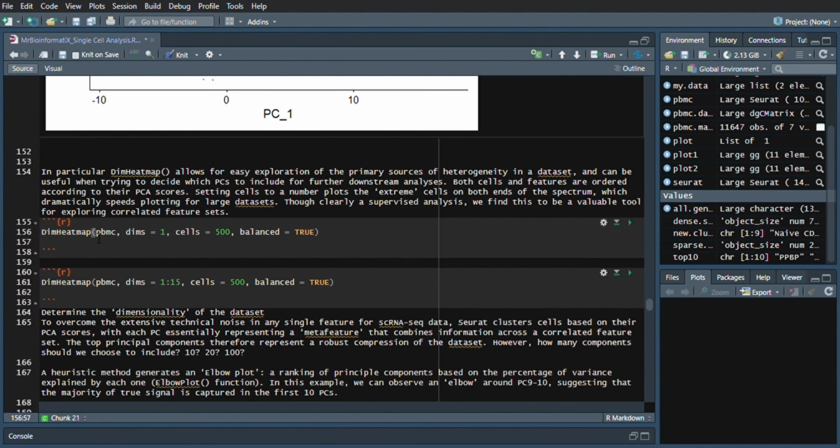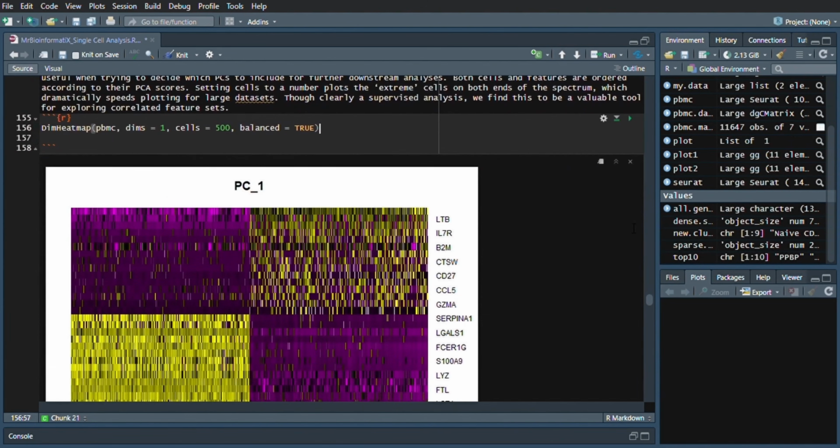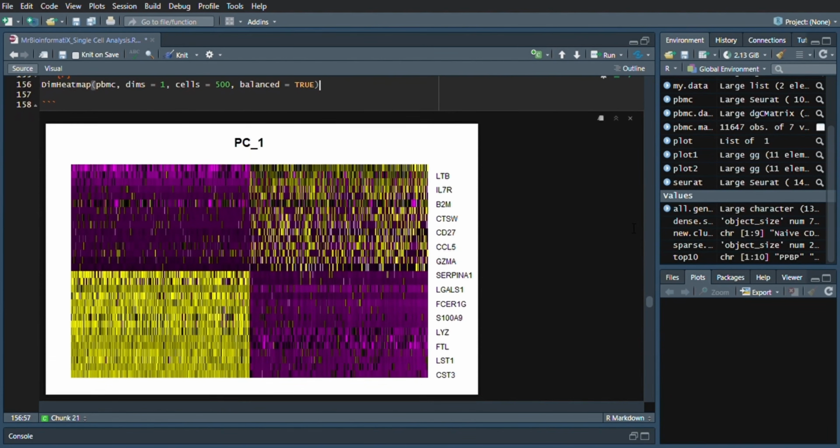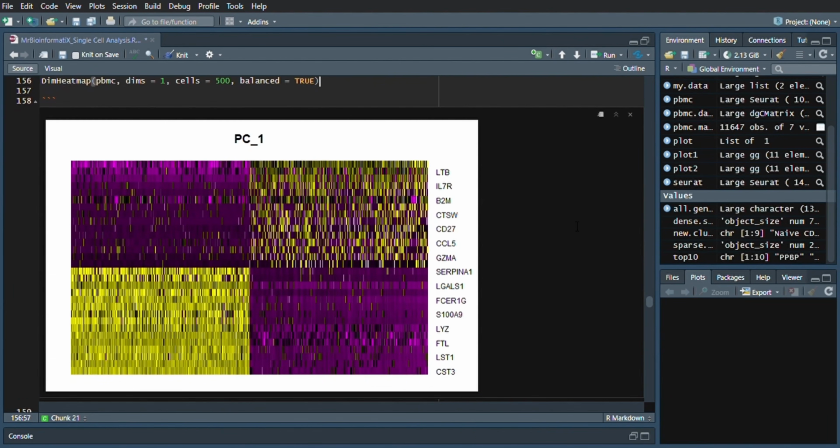Let's run our code. As you can see, we got our heat map. The genes are ordered according to their PCA scores. It shows the expression levels of the most influential genes contributing to PC1. Each row represents a gene, and the heat map color intensity indicates the level of expression.